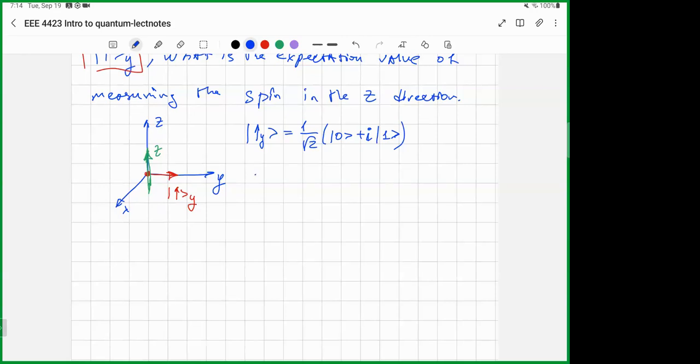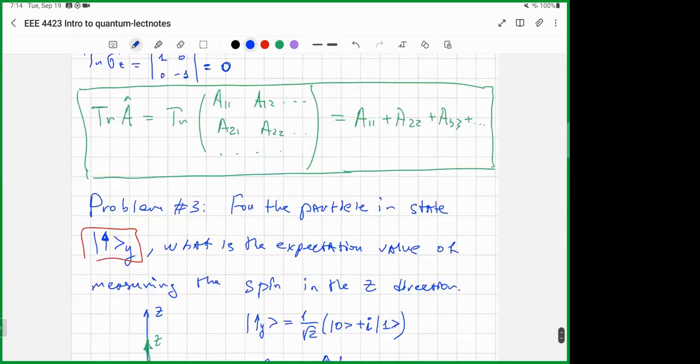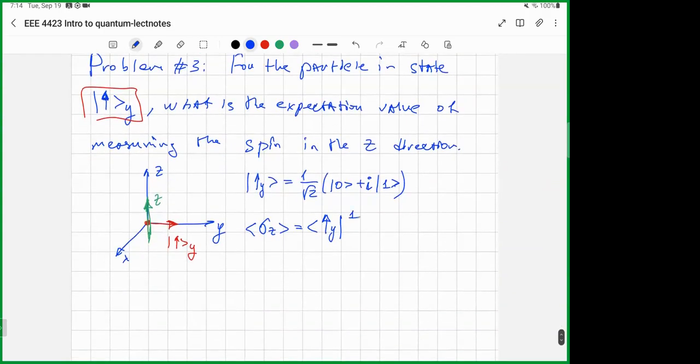It means that we need to find this expectation value in the z direction. So for the up state y, sigma z is the matrix 1, 0, 0, minus 1, and then again the up state. So, the expectation value.